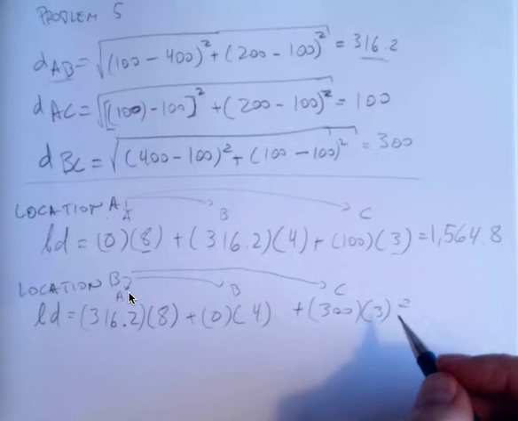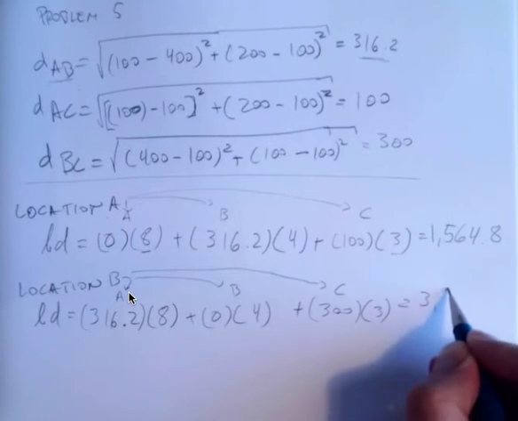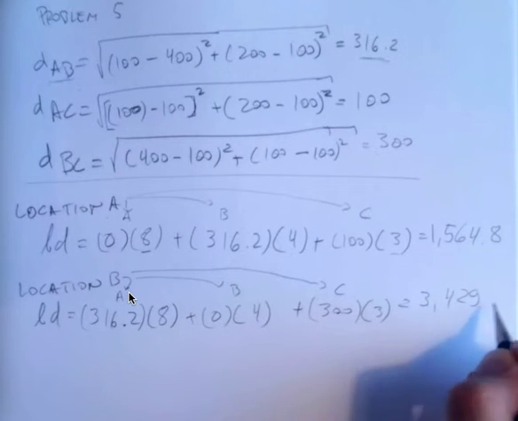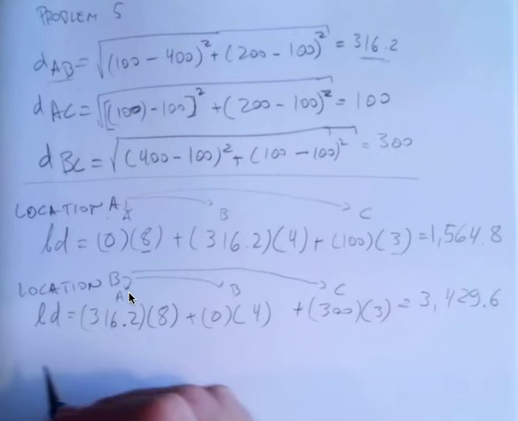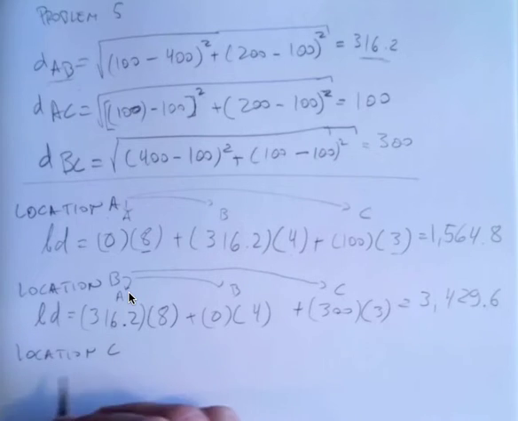Okay, and this will give us the load distance of 3,429.6. Okay, last one, location C, the load distance.